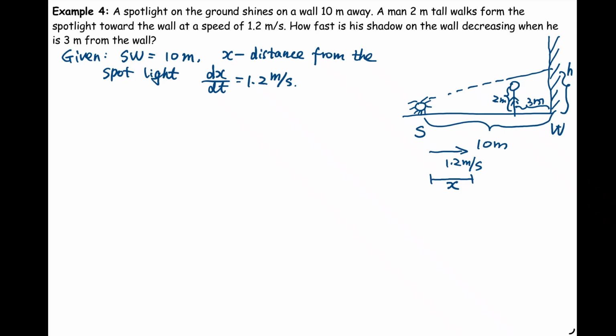So the person's height, from A to B, is 2 meters. Then this is C to D. So H represents the length from C to D. These are the information given, then required to find.